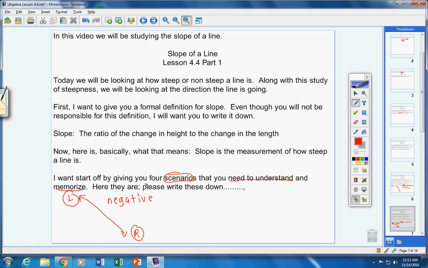Okay? And Mr. Earhart, why do you say left to right? Because, guys, if I looked at it from right to left, if I started here, the line's going up, not down. Look at it. If I started here and went this direction, the line's going up. So that's why I said from left to right. If the line is going down, the slope will be negative. Please copy that in your notes. Moving on.